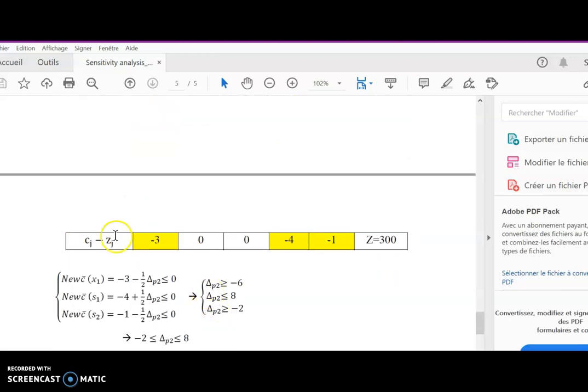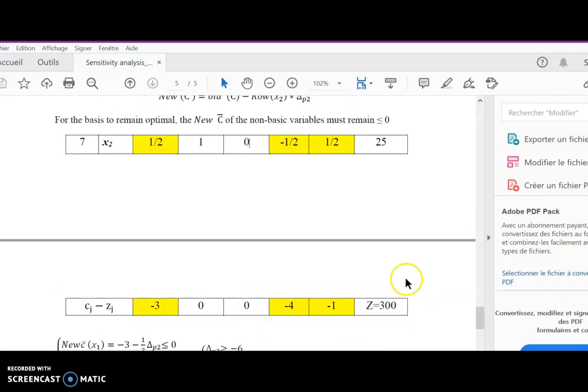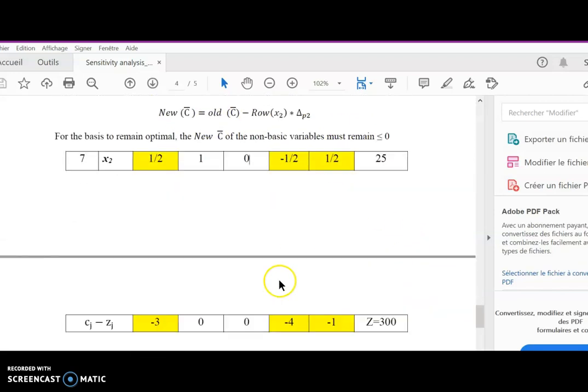Now we need to check in which range the c-bar values of the non-basic variables should be for the current basis to remain optimal. So we calculate the new c-bar values for the non-basic variables x1, s1, and s2 following this formula.